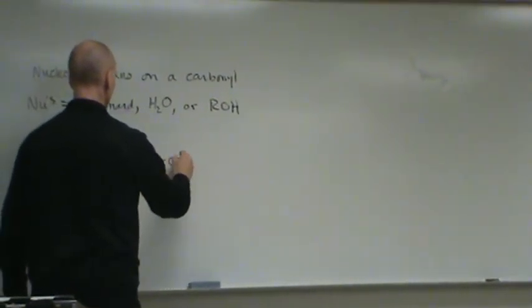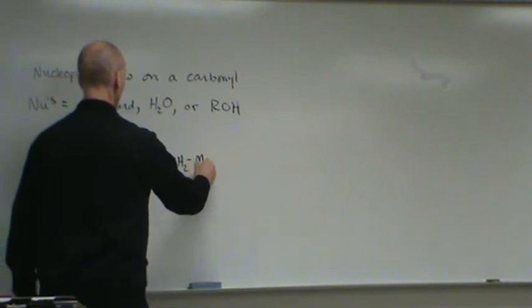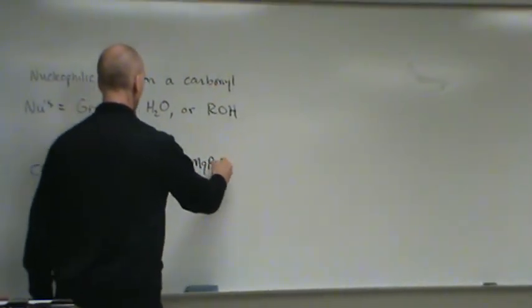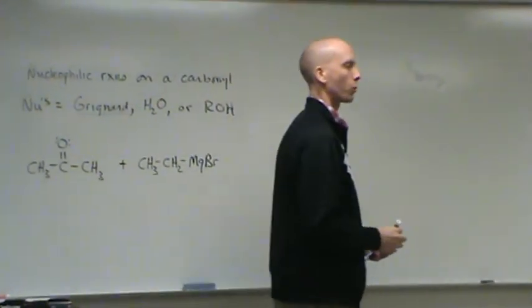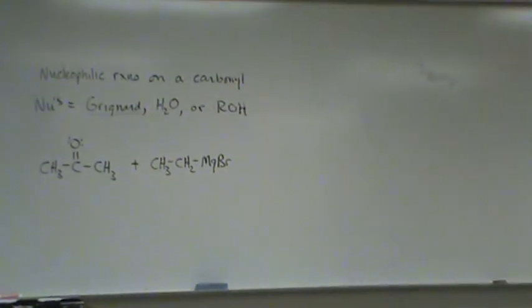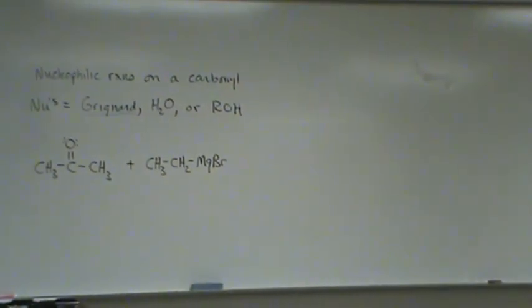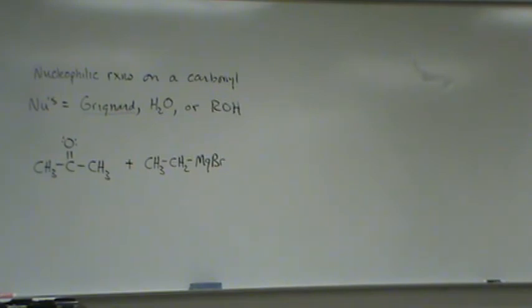Remember the definition of the Grignard we looked at earlier: it's where we have MgBr attached to a carbon atom. So we want to see how these two molecules react.